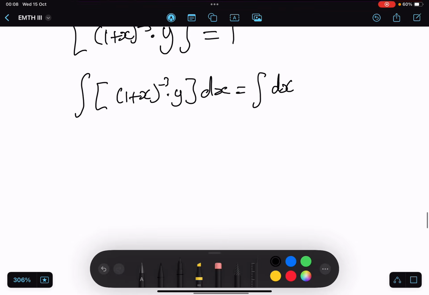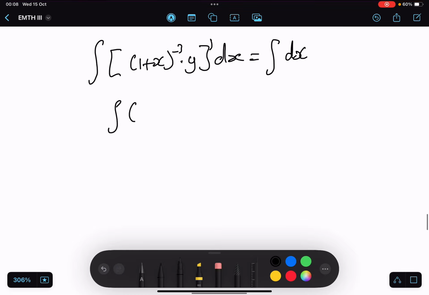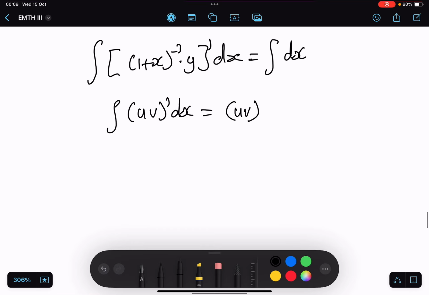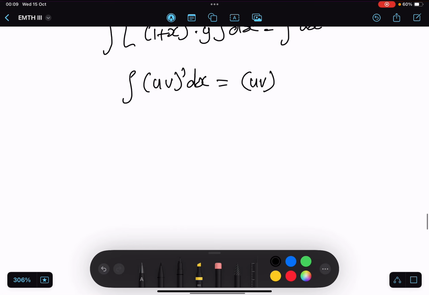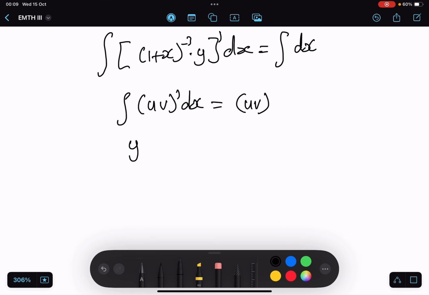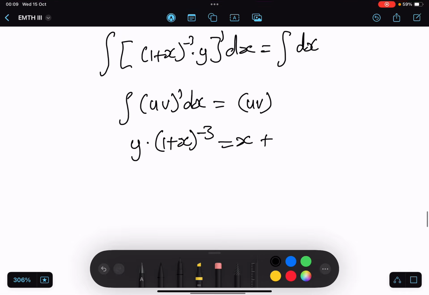If we are integrating u v dash dx, this is the same thing as uv. So this is going to be y times (1 plus x) to the power minus 3, equal to integrating 1. We are going to get x, plus the arbitrary constant.